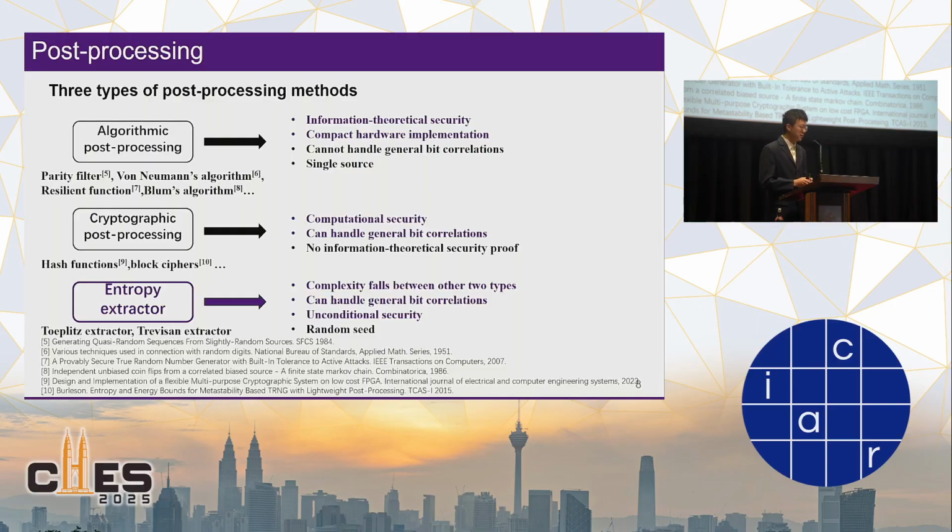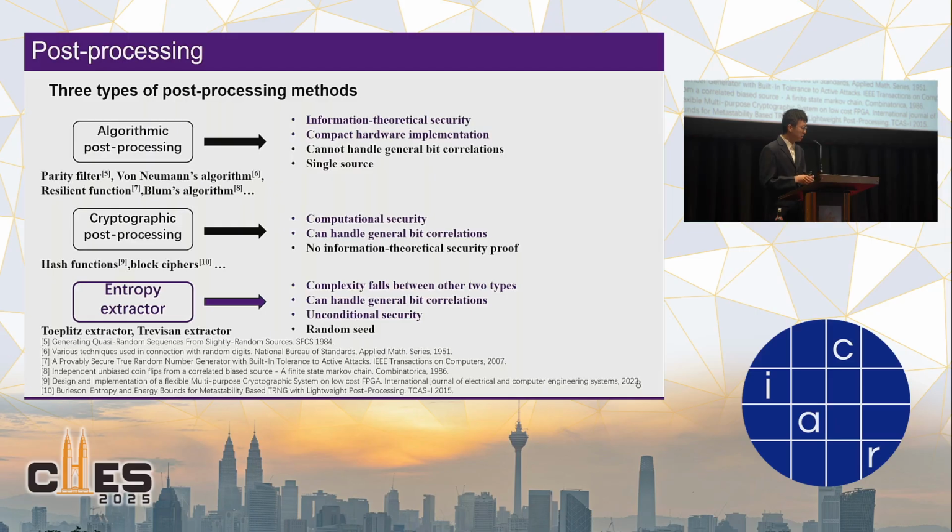There is no evidence that the output of the cryptographic post-processing will exhibit higher entropy density, which means that we cannot directly feed the raw random numbers into cryptographic methods and hope they will do the magic work.